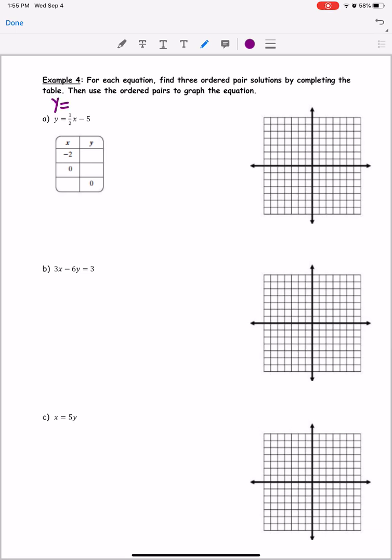y equals 1 times x is x over 2 minus 5. And actually, I'm just going to rewrite this. I don't like the way that looked. My OCD's flaring. Sorry, guys.